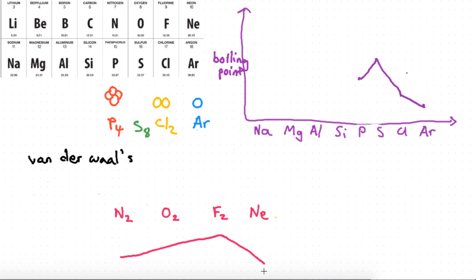Neon having the lowest boiling point. So for group 5 to 8, we can say that the boiling point really depends on the molecular structure of the atom.